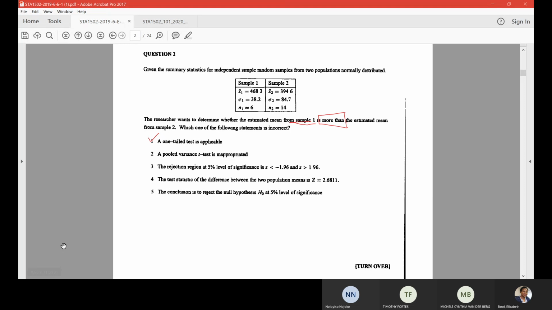No, we're not using a pooled variance t-test, because they give us the population standard deviation, therefore it means we would have used the Z. So then it means our incorrect statement was option number 2.